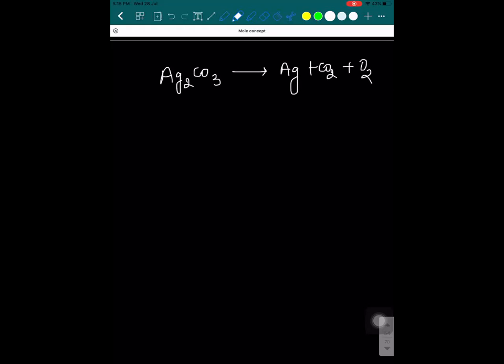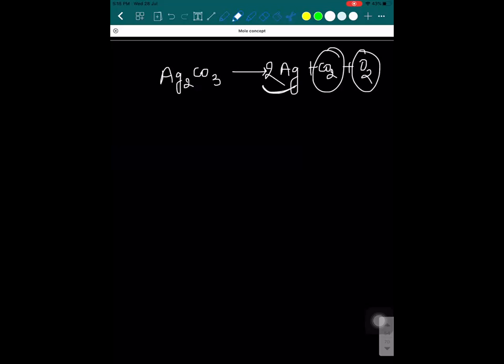Part 1, C1 question. Calculate the residue obtained on strongly heating Ag2CO3. When we heat the Ag2CO3, we will get silver plus CO2 plus O2. CO2 is a gas, oxygen is a gas, so the residue will obviously be silver, because silver is the solid one, isn't it?